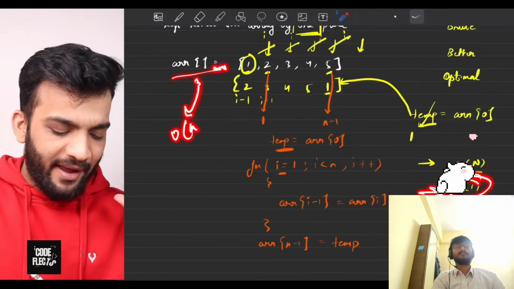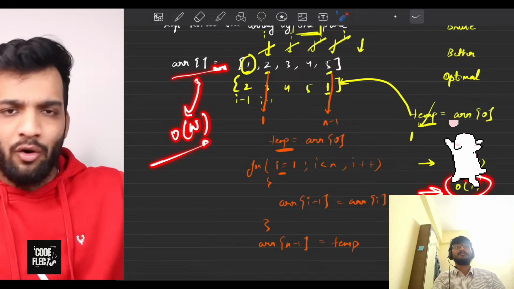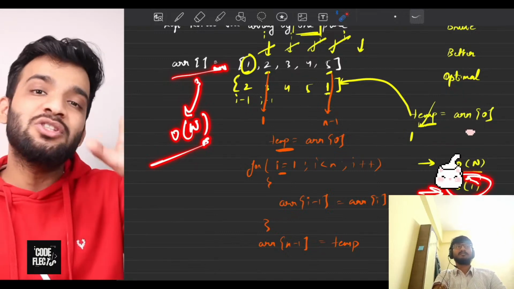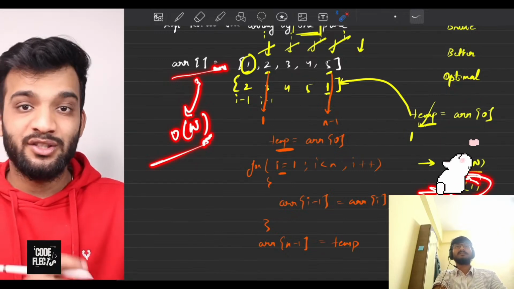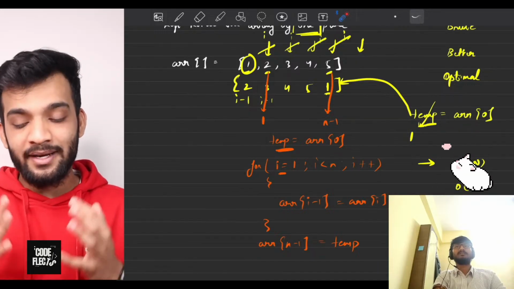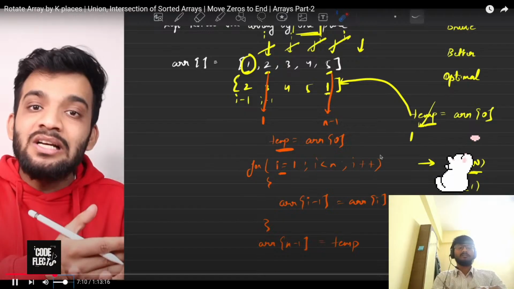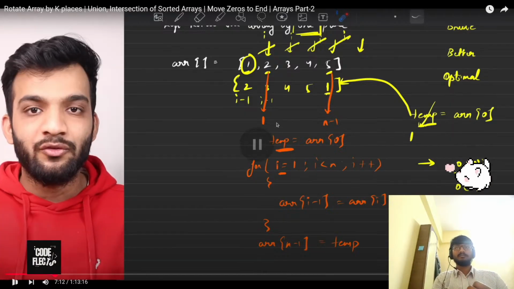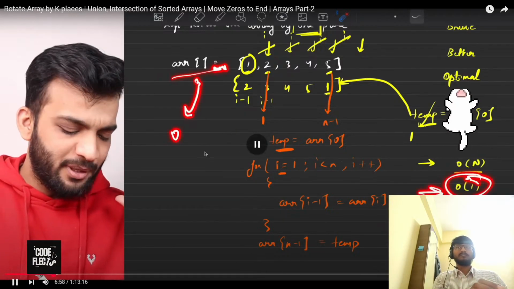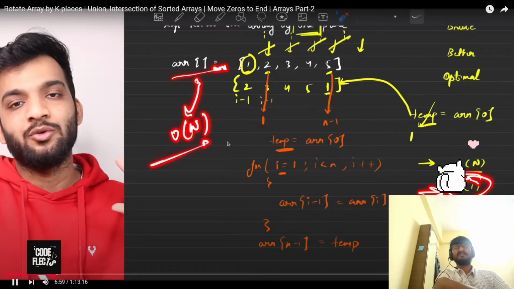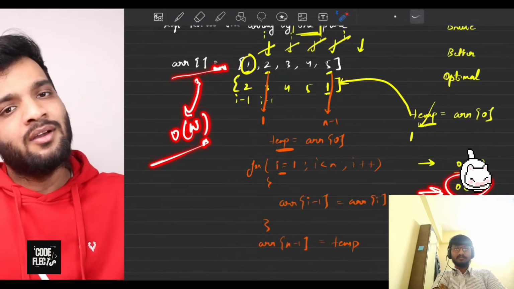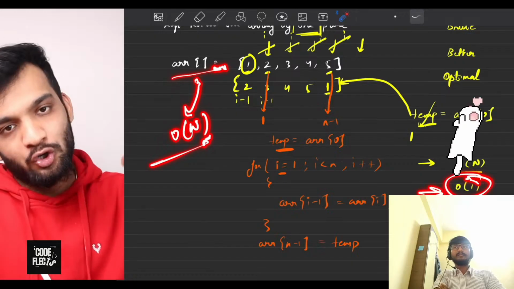So thereby big O of n space is being used. Yes, it's already given to me, but I'm using it in order to solve it. So this way you tell the interviewer, so that every concept of yours is crystal clearly presented.